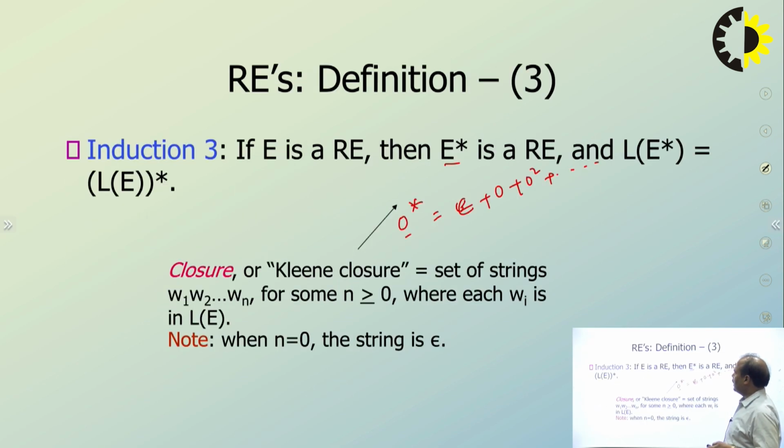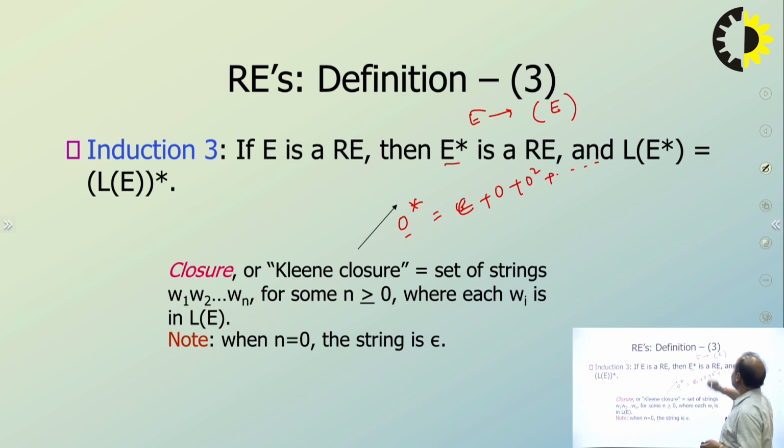So what is next after this induction? Any expression is going to be a regular expression if it is made by the basis and inductions 1, 2 and 3. Another rule says that if E is a regular expression, then parenthesis E is also a regular expression, right?